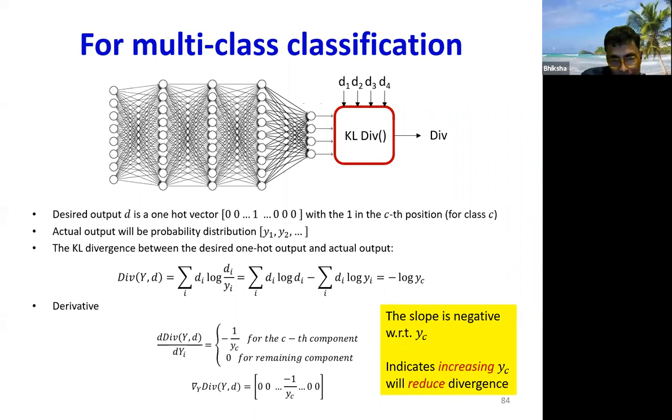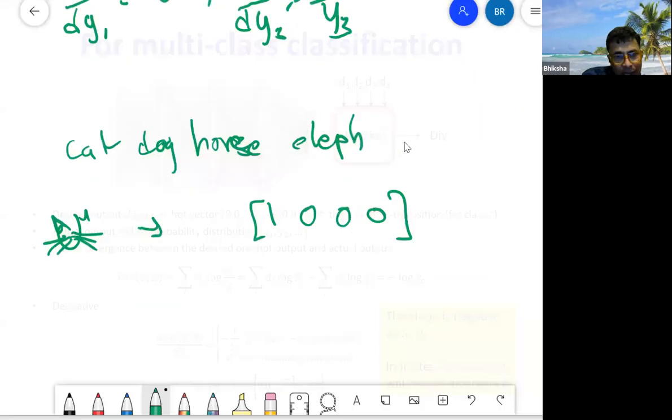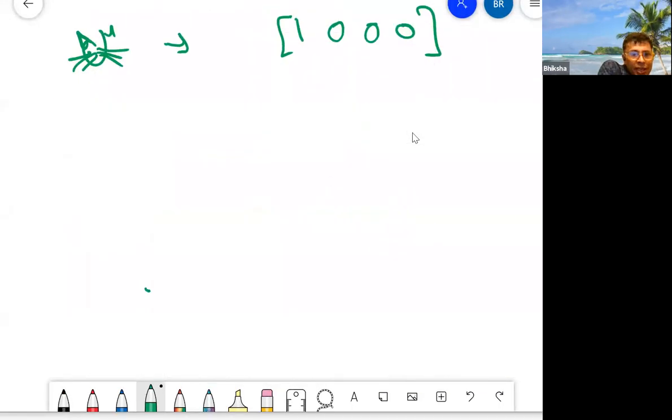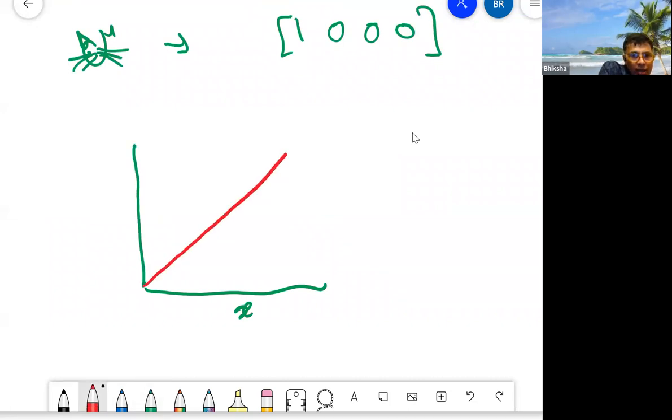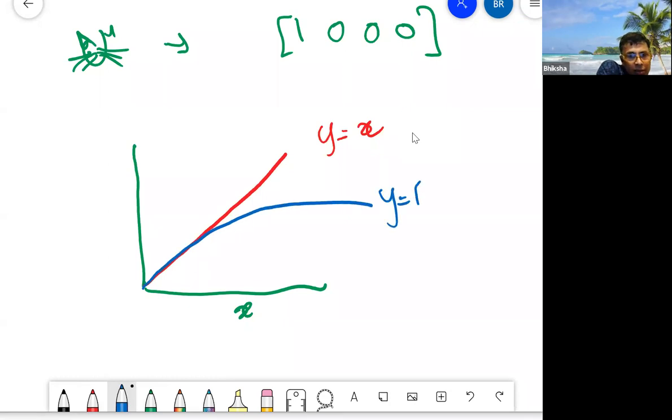If you look at it this way, if I plot x, this is going to be y equals x, and this is going to be y equals log x, right? So this guy always increases faster than this guy. This will dominate.